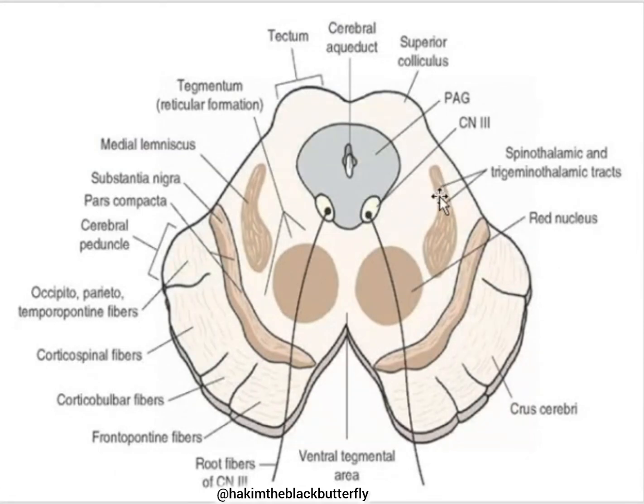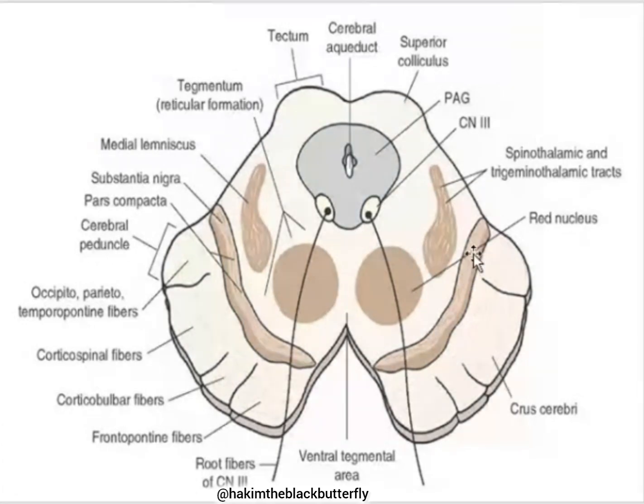The tegmentum at the level of the superior colliculus contains the nucleus of the oculomotor nerve, the ascending tracts, spinothalamic, trigeminothalamic, and medial lemniscus, and the red nucleus. These are the major structures located in the tegmentum at this level.